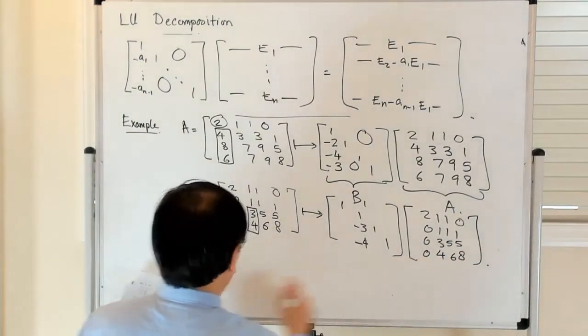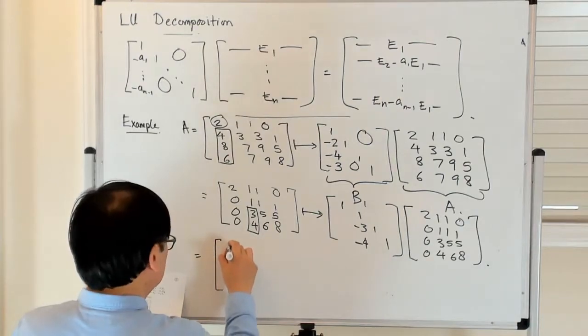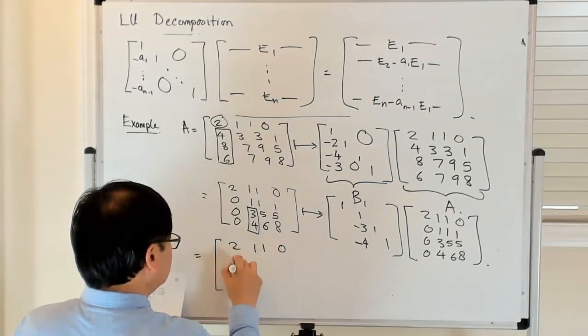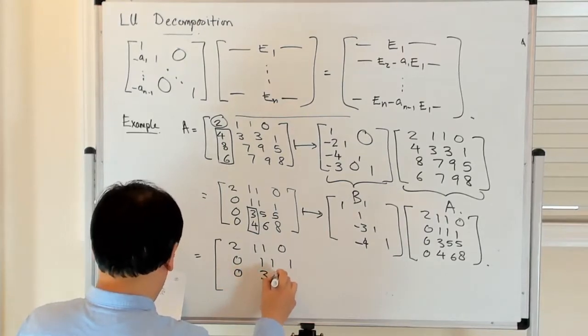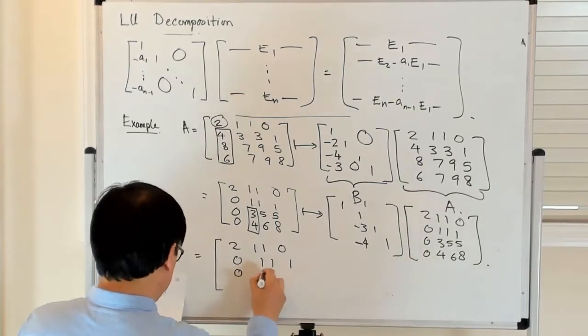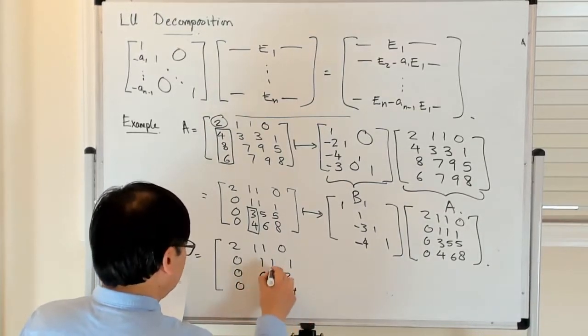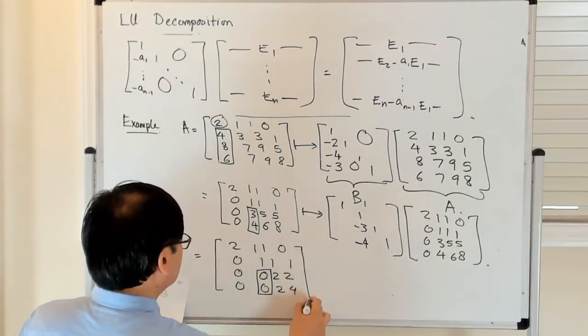And that is equal to now 2, 1, 1, 0, 0, 1, 1, 1, 0, 0, 2, 2, 0, 0, 2, 4. And again, we see that this is now zeroed out.